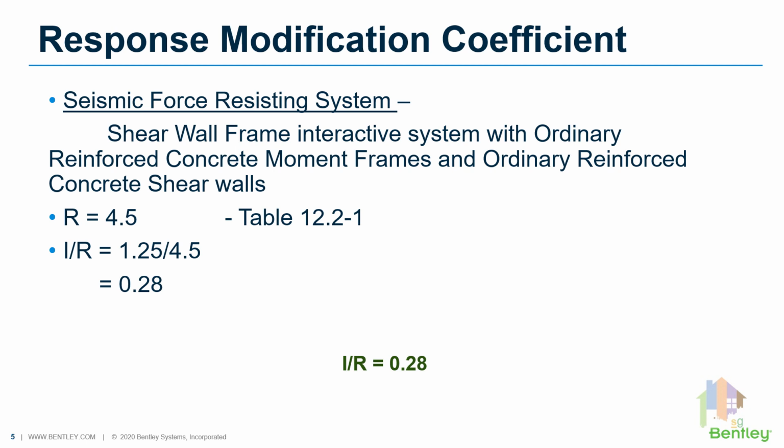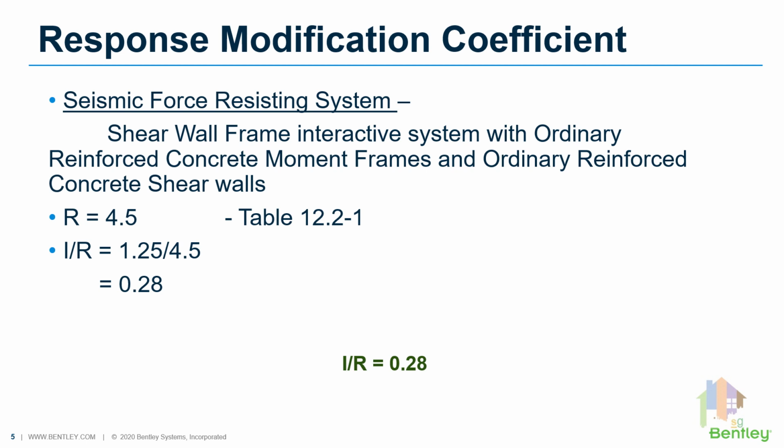The lateral load resisting system plays a vital role for structural response against seismic load, and depending on this, seismic load on the structure is calculated, which is I by R into the spectral acceleration value. For this model, it is an ordinary frame and shear wall structure, and from table 12.2-1, we can find that the response reduction factor is 4.5.